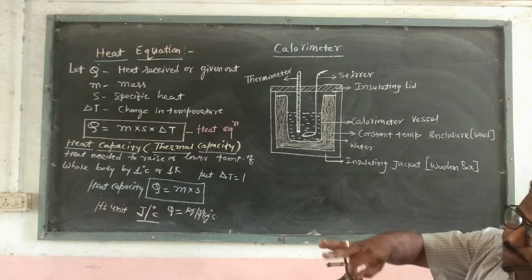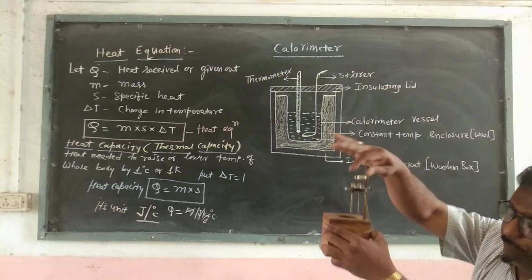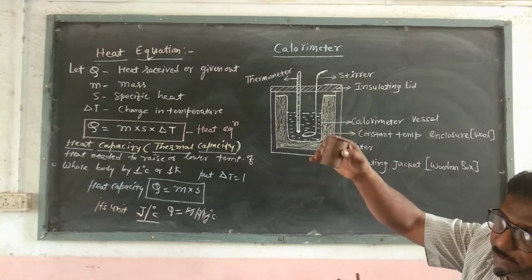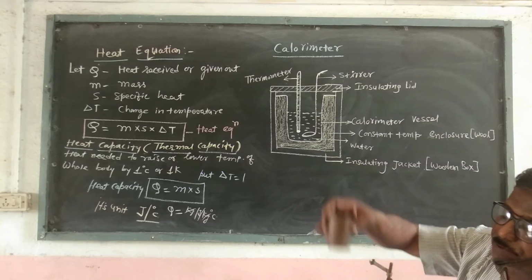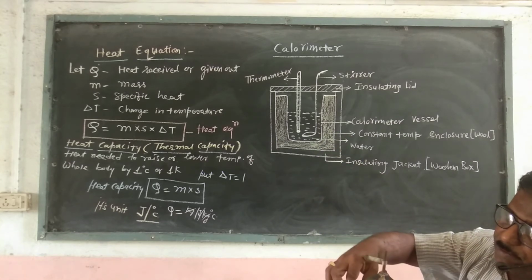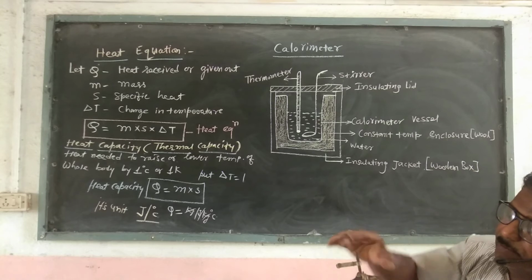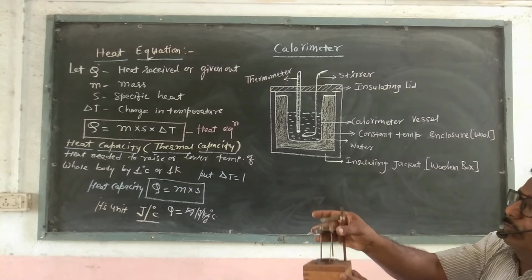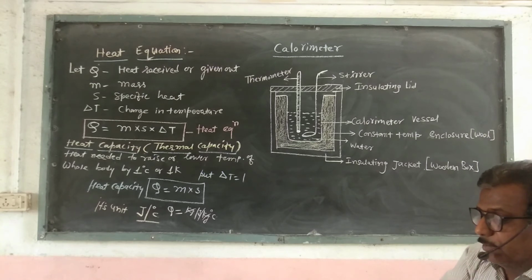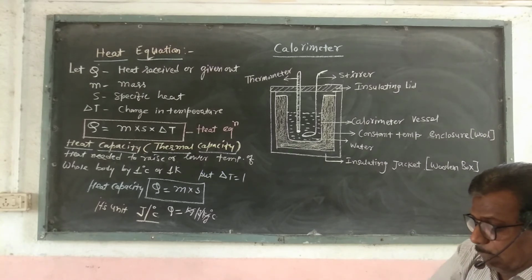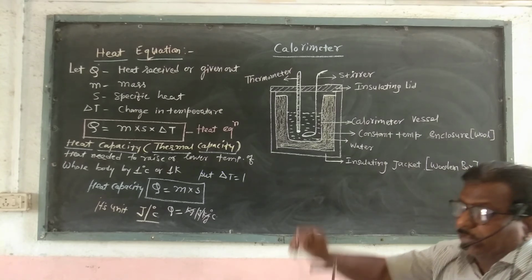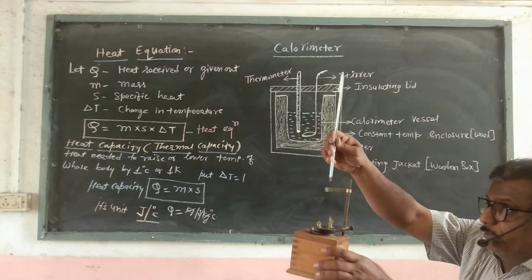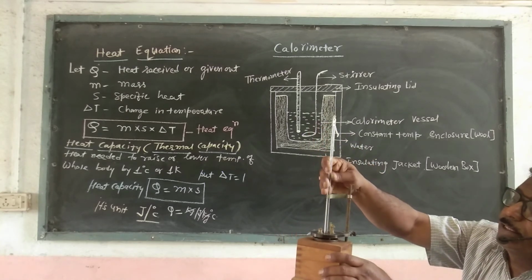One stirrer is kept here when we pour water into the calorimeter. This calorimeter is fixed here. After that we put the water in here. Then the thermometer is inserted here.